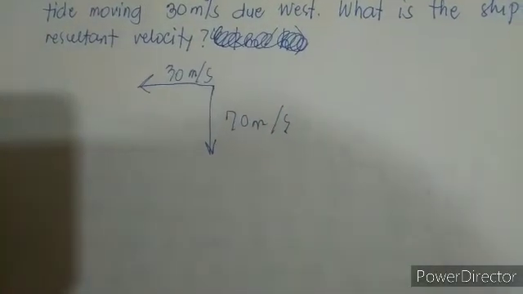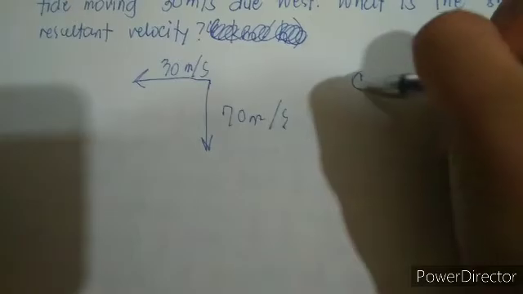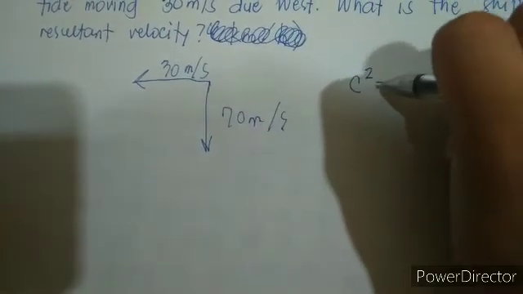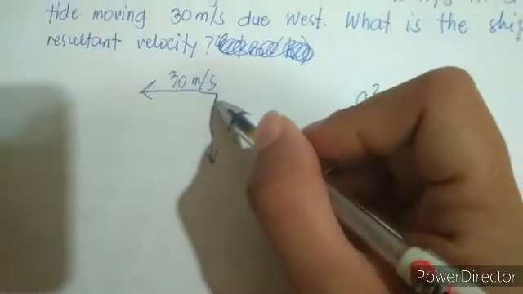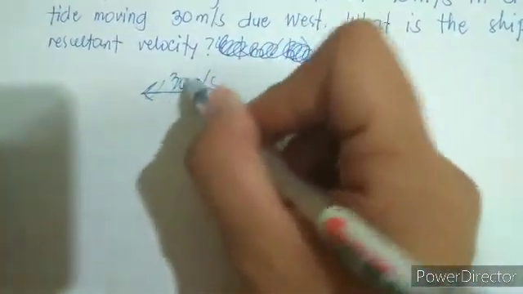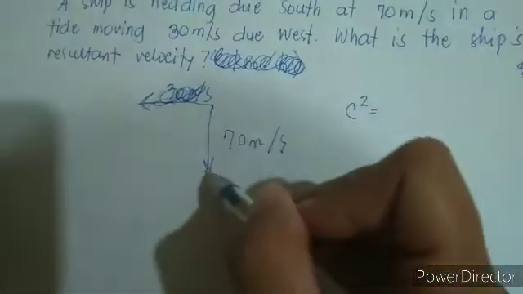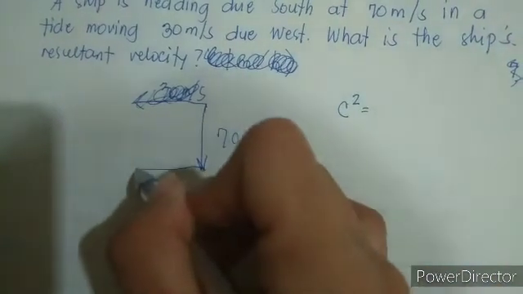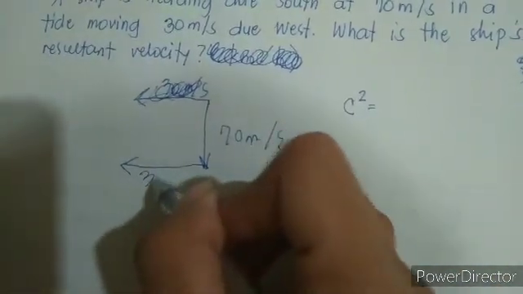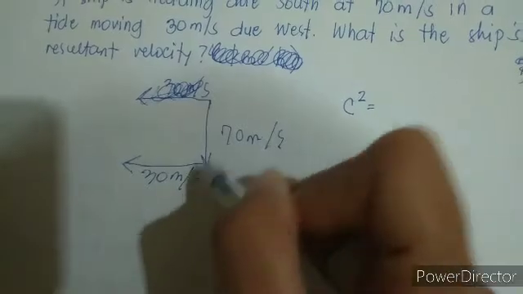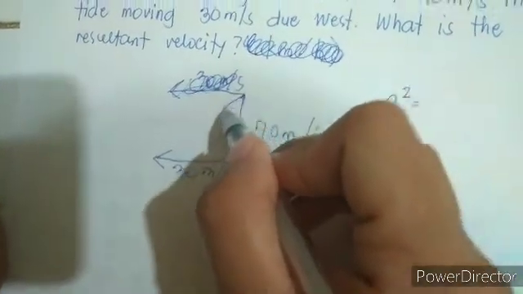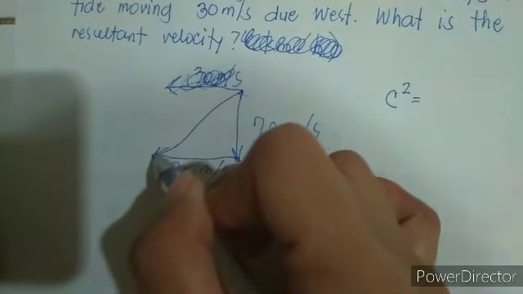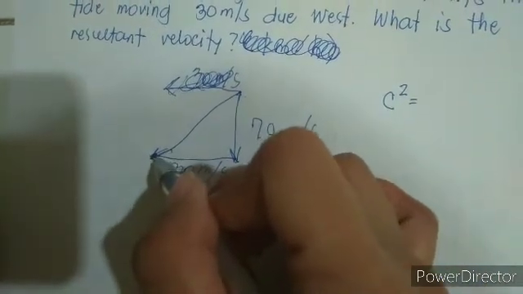Let's apply the Pythagorean theorem. We will have 30 meters per second here, because our initial position is here, and then to the final position, which is here.